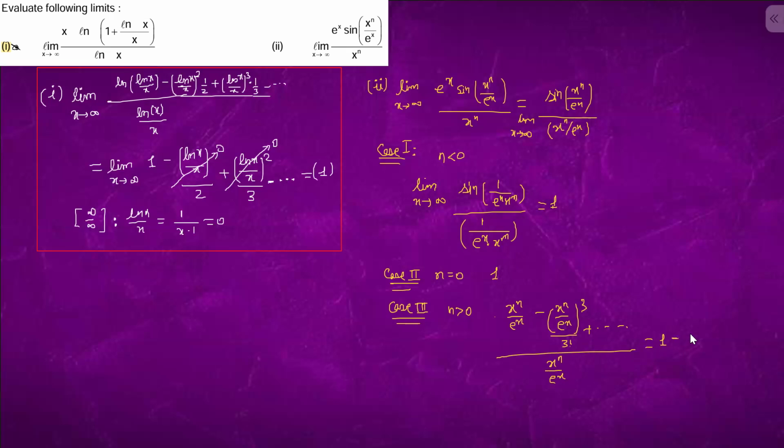We will have 1 minus (x^n e^x)^2 by 3 factorial, and it keeps on continuing. What we can see is that on differentiating x, after differentiating it 2n times it will become 1, but e^x will stay e^x. So this will come out to be 0. So this is again 1. So 1, 1, 1 in all three cases.